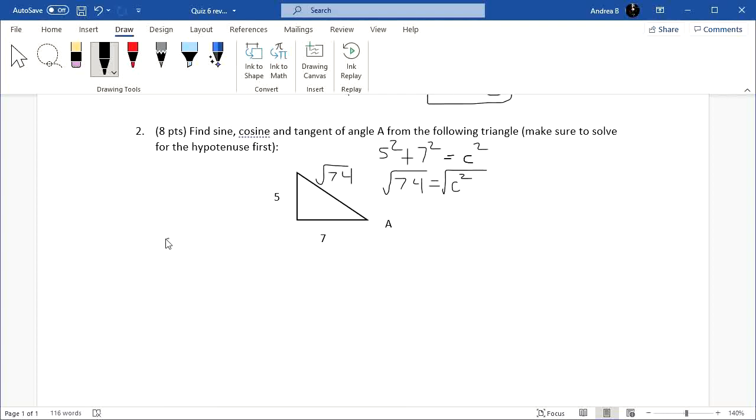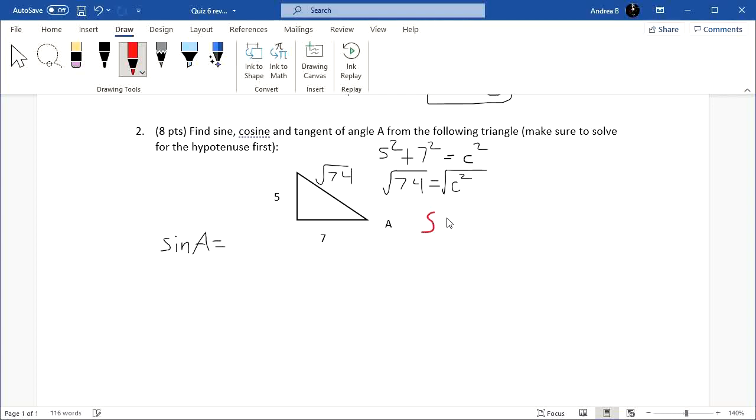So if we're figuring out sine of our angle A, we'd write that as sine of A. We abbreviate sine as sin of A equals. And then it may be helpful to remind yourself what the acronym is that we can use here. So we'll write it off to the side.